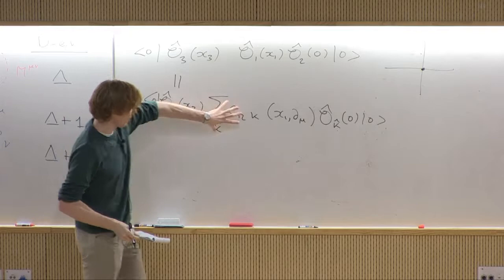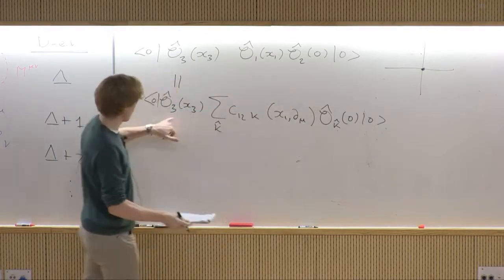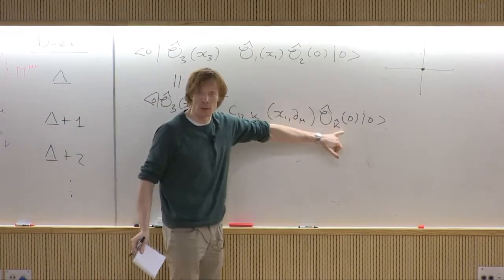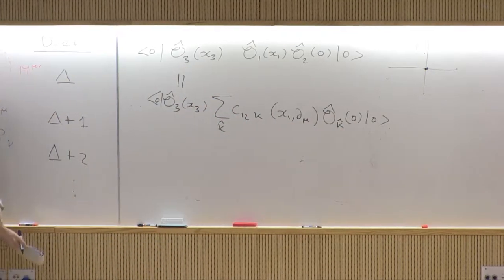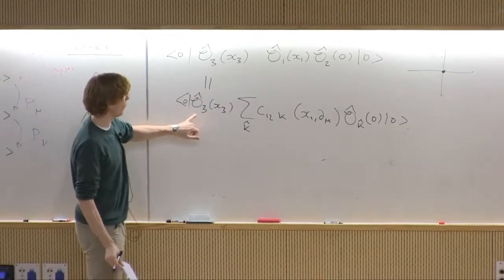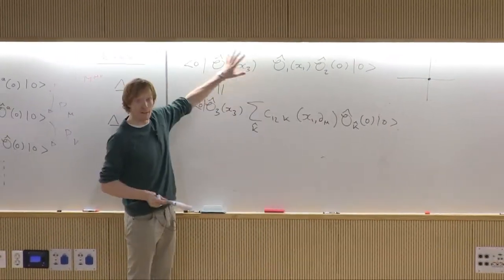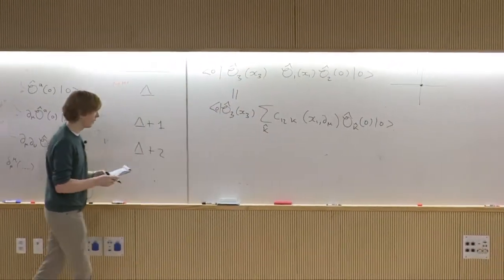But now I have this complicated differential operator, but it acts on something very simple, namely a two-point function of primary operators. Let me suppose that O3 is a scalar. Let me suppose that everything is a scalar, so there are no Lorentz indices hidden anywhere.